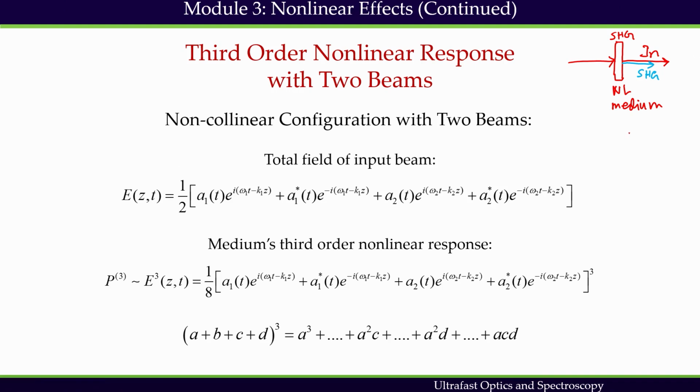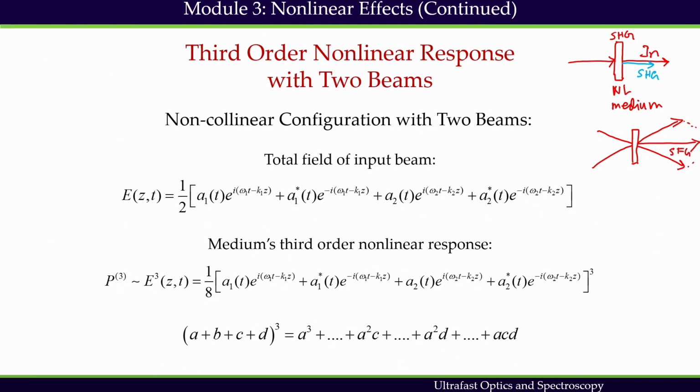So this is collinear configuration. In non-collinear configuration, let's say we have two beams. I have one beam coming this way, another beam coming this way. They are interacting in the nonlinear medium, and due to this interaction we can have some frequency generation, SHG, SFG, sum frequency generation.